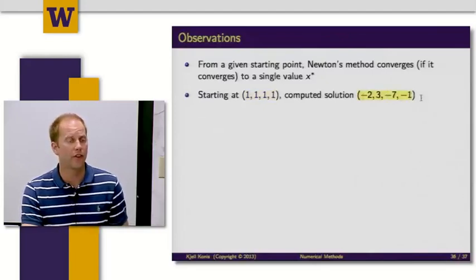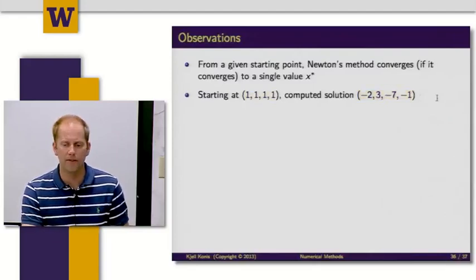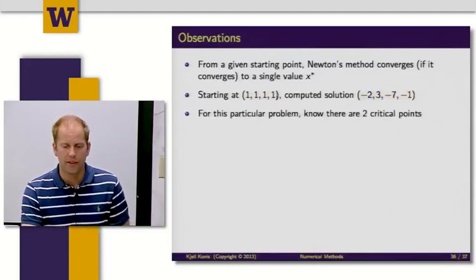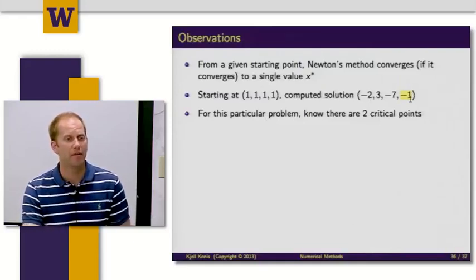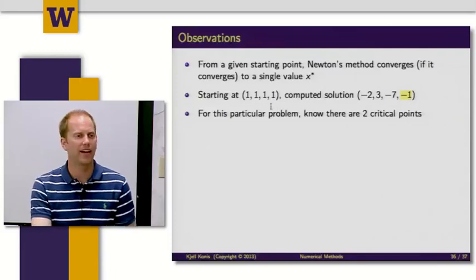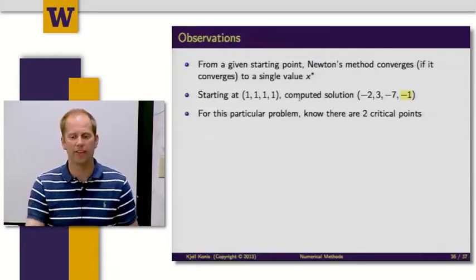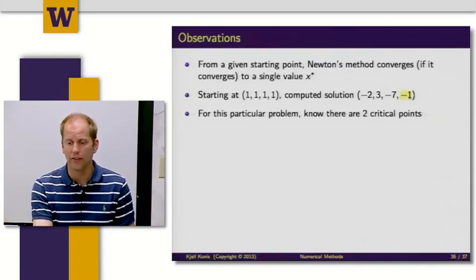Here I've just dropped out the value of lambda 1. But I know there's 2 critical points. So I'm going to guess that if I start from all 1s and this ends up being a negative 1, maybe if I multiply this starting vector by negative 1, that's going to flip everything around, and this will be a positive 1.